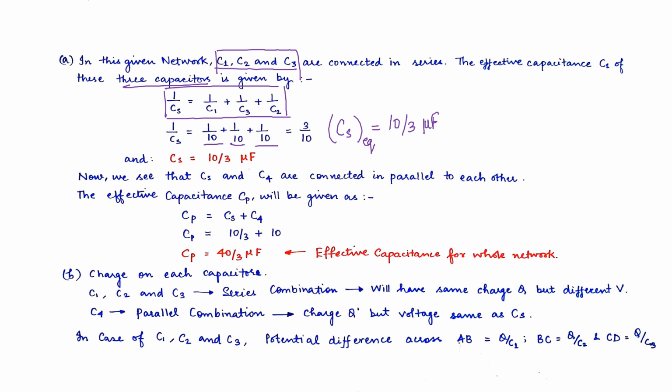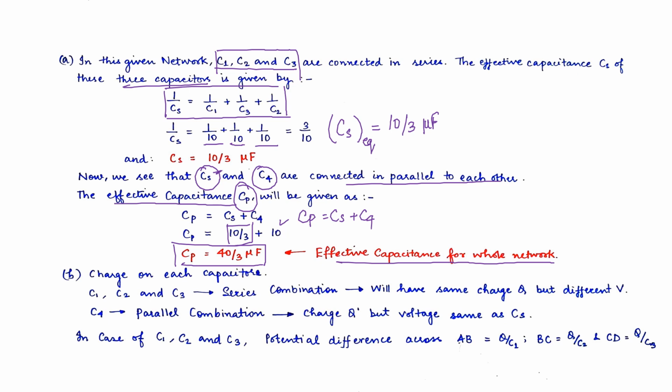Now we see that Cs, the equivalent capacitance, and C4 are connected in parallel to each other. The effective capacitance Cp will be given as Cp equals Cs plus C4. So Cs is 10 by 3 from the above equation and C4 is given as 10, so Cp is 40 by 3 microfarad. That is the effective capacitance for the whole network.